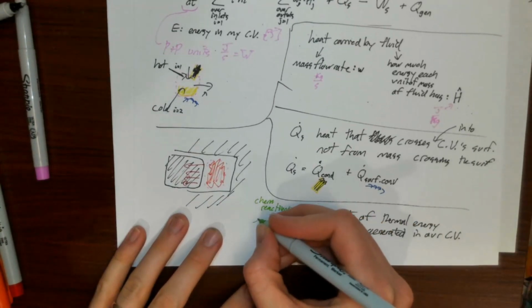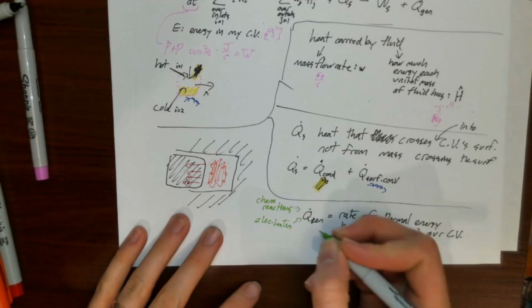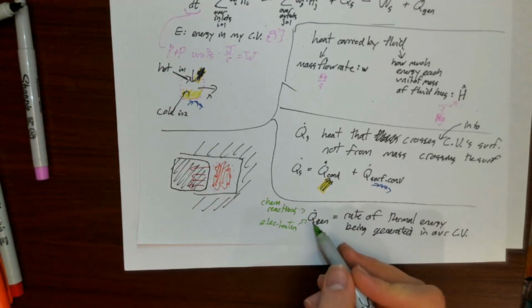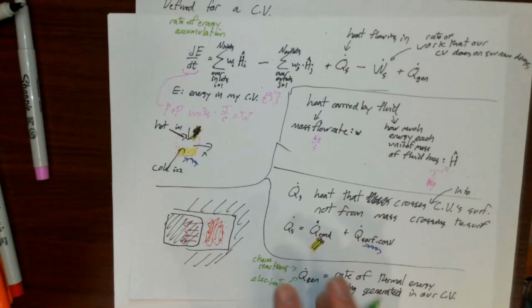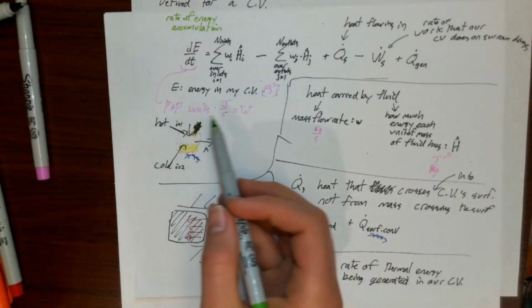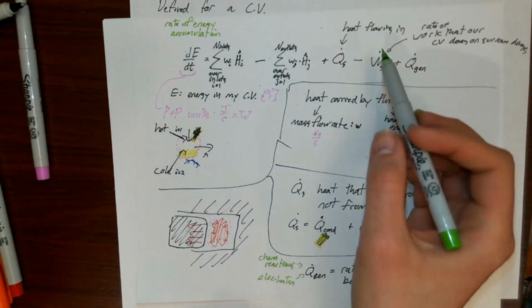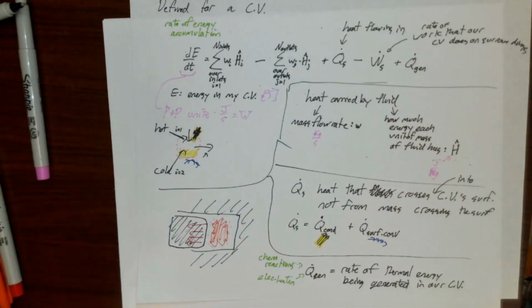So maybe it's electric heaters, so we put those in the gen-like terms. So that's it. This is our conservation of thermal energy defined for a control volume.